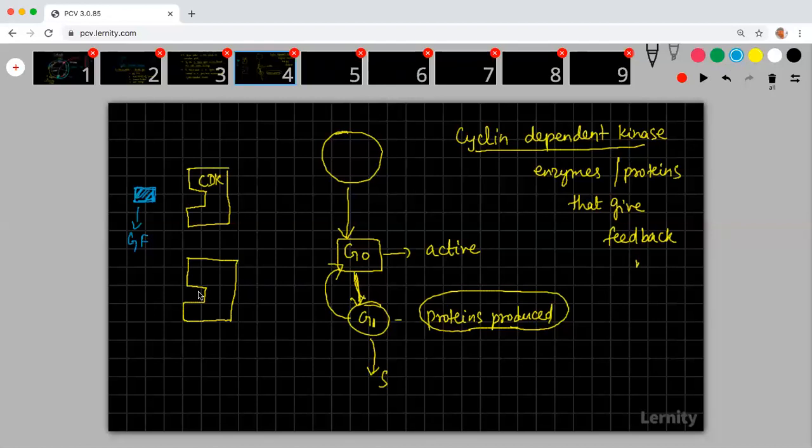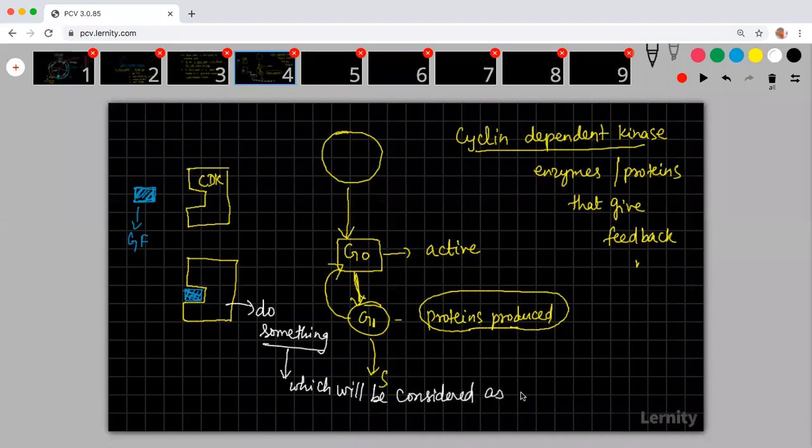This growth factor is correctly going and attaching here. Let us say that this growth factor has attached. So this would have created some kind of change. So if this is attached, this will do something, which will be considered as some kind of feedback. Okay, if this feedback has happened, the cell will proceed further.